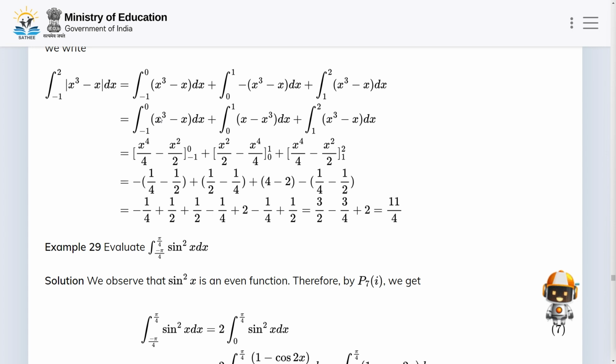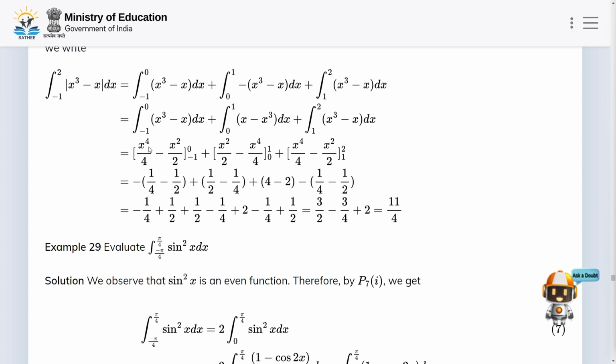So just evaluate, this is simple integration. You will get x power 4 divided by 4 minus x power 2 divided by 2, with limits from minus 1 to 0. Now x square by 2 minus x power 4 by 4, from 0 to 1. And x power 4 by 4 minus x square by 2, from 1 to 2. Just substitute them, or use the second fundamental theorem.